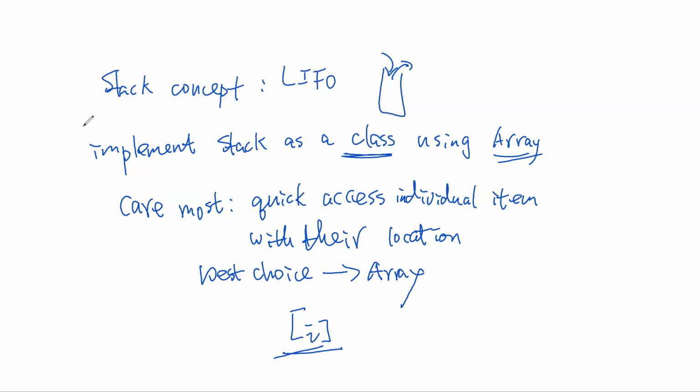But today what we discuss is an application that only accesses the top. I just want to have that kind of privilege: I'm going to be the last in line, but I'm going to be the first to enjoy the service. Then you can use a stack.